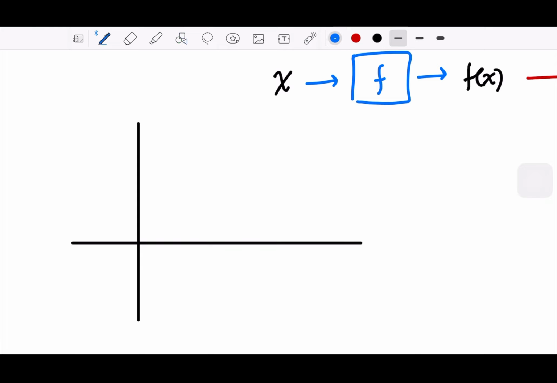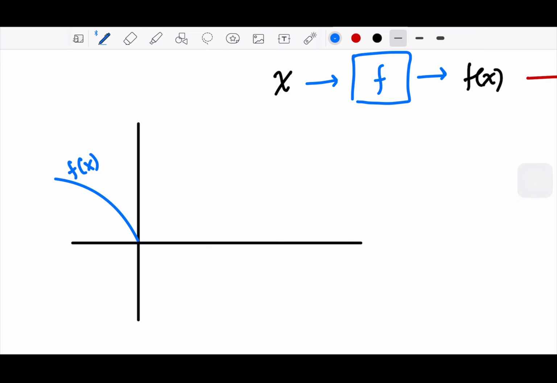Let's say I have just a random function, and imagine this is a one-to-one function. What do you think the inverse will be? Where do you think? Here, right? Okay, got it?